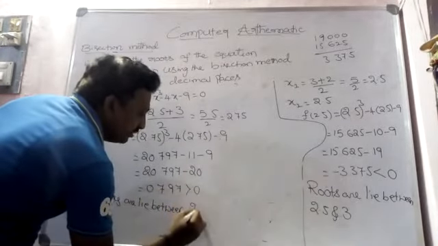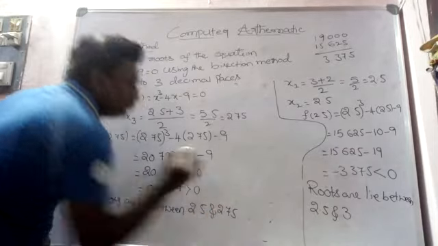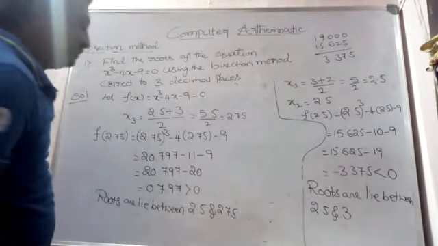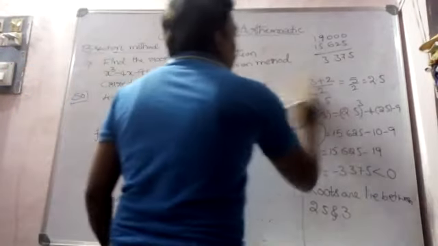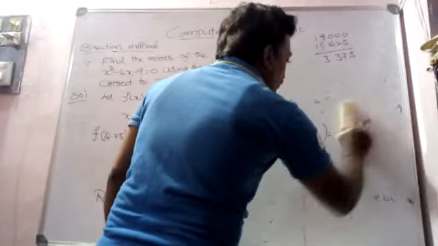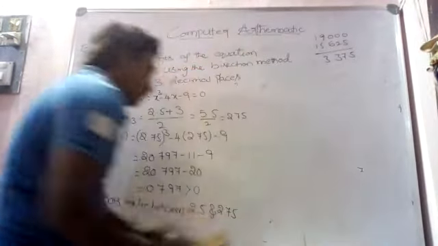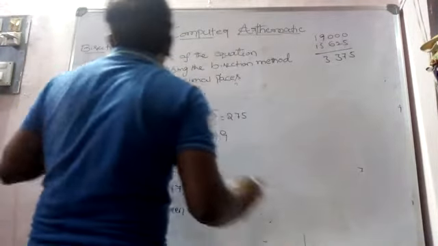So the roots lie between 2.5 and 2.75. Now how to find the x4 value? See now, here up to 3 decimal places we want. Here we get up to 2 decimal places.